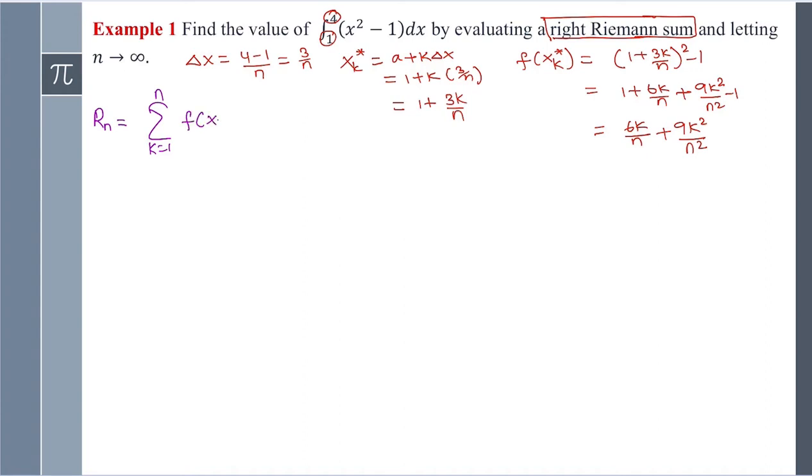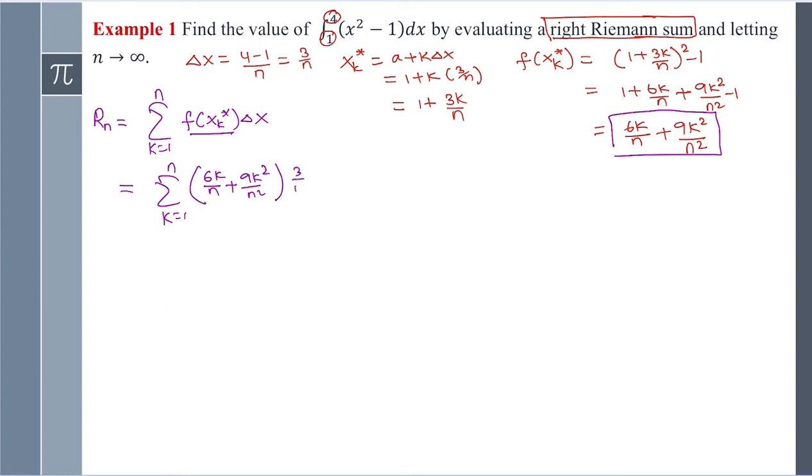So it means the summation from k equals 1 to n of this quantity right here, 6k over n plus 9k squared over n squared, times delta x, which is 3 over n. So let's go ahead and distribute this.